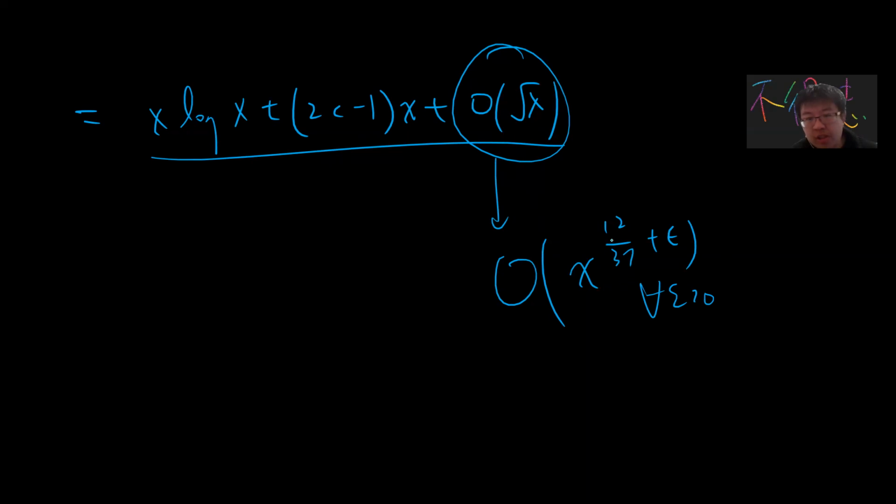Okay, so this O of x to the theta, theta is still not quite determined. The only thing people do know is that theta is greater than or equal to 1 over 4. So this is still unknown, which tells you that the estimation of the arithmetic function in general will be very difficult.